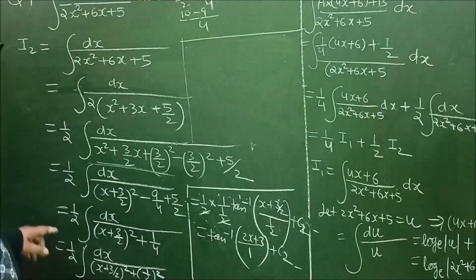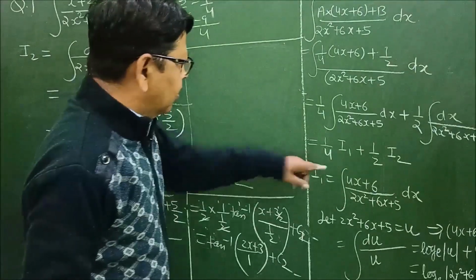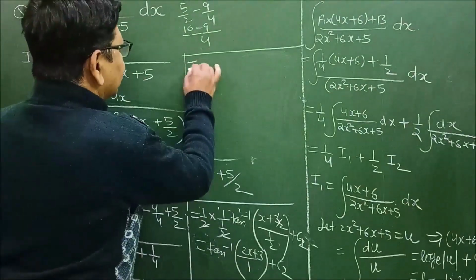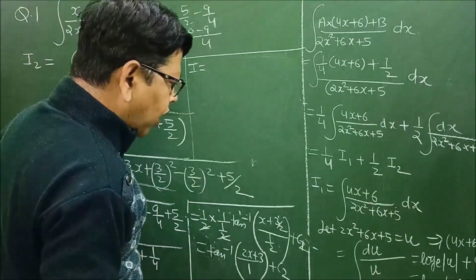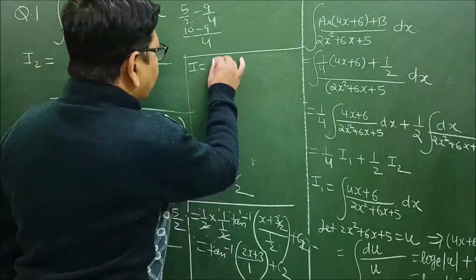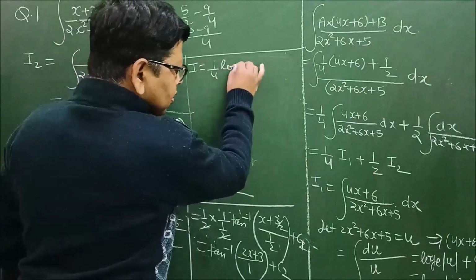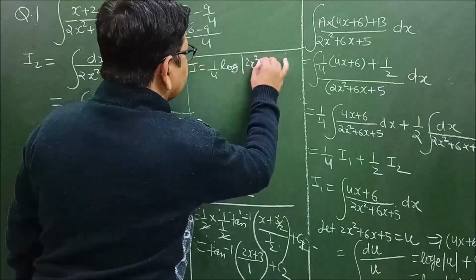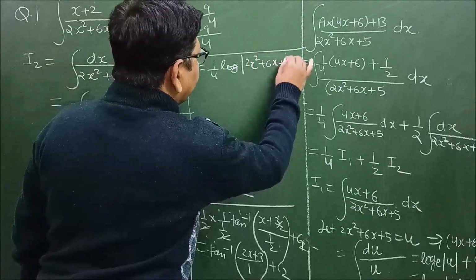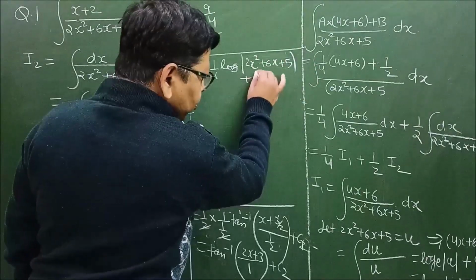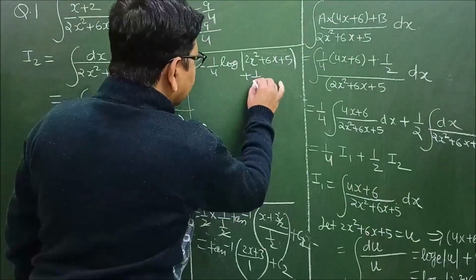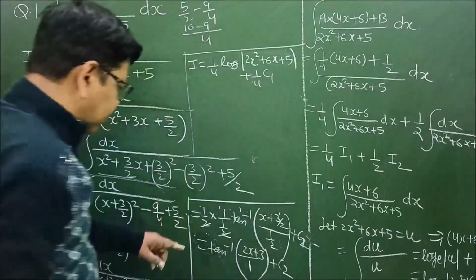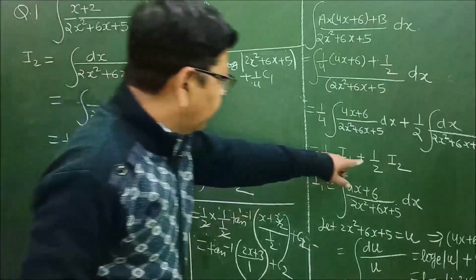Now putting the value of I1 and I2 here, we get the whole integral is equal to 1/4 I1, that is 1/4 log (2x square + 6x + 5) plus 1/4 c1 plus the integral I2.